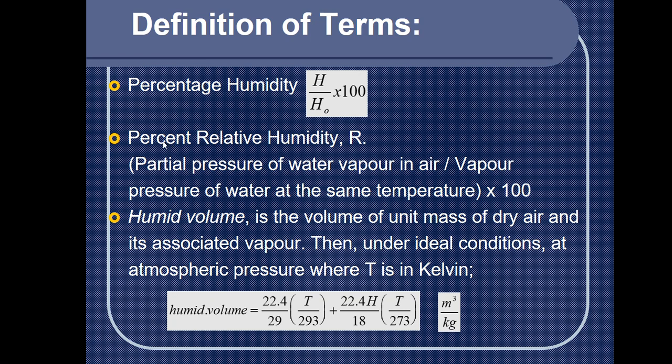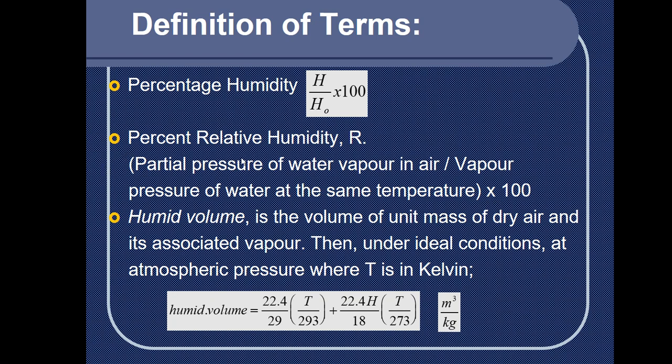What about percent relative humidity? It's represented by R. This is actually the partial pressure of water vapor in air divided by the vapor pressure of water at the same temperature, multiplied by 100.